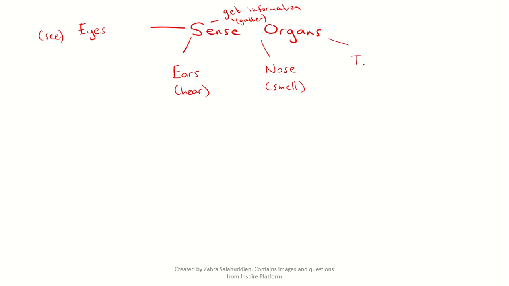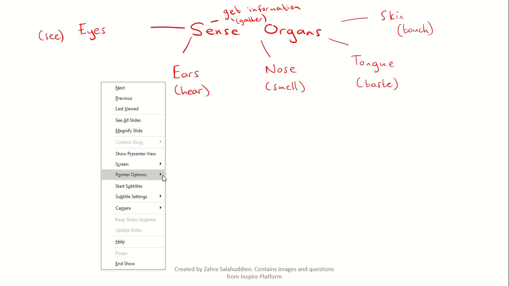Our tongue to taste. And our skin to touch. Now that's what we do, but different animals use their structures, their body parts, differently to do these things.